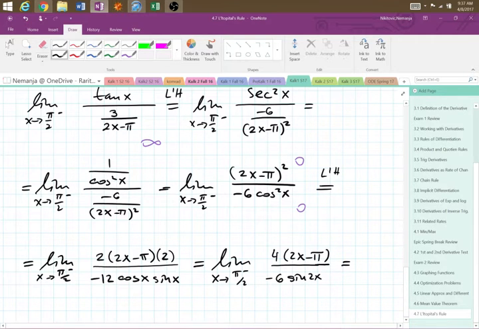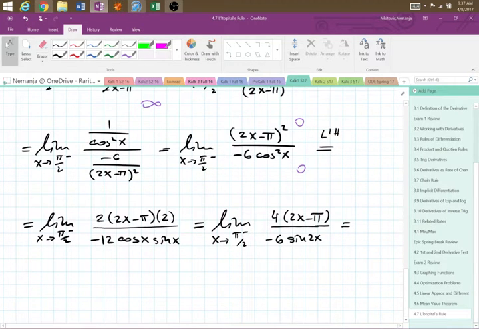So when you put in pi over 2, this is still 0 over 0. So now we can cancel 4 and 6 actually, and get 2 and 3. So I still have the limit as x goes to pi over 2 from the left.